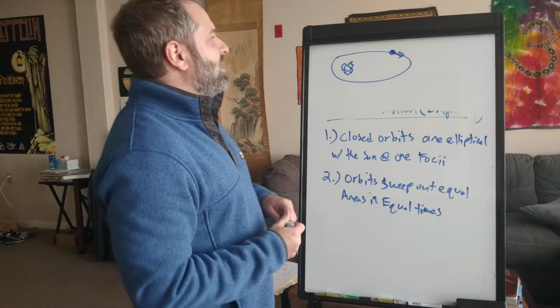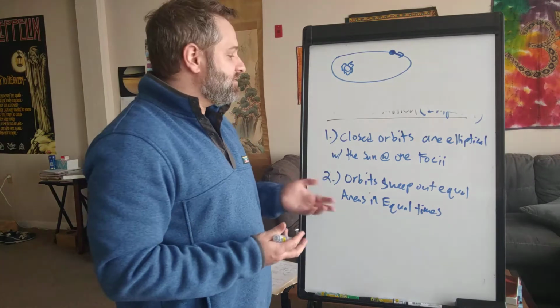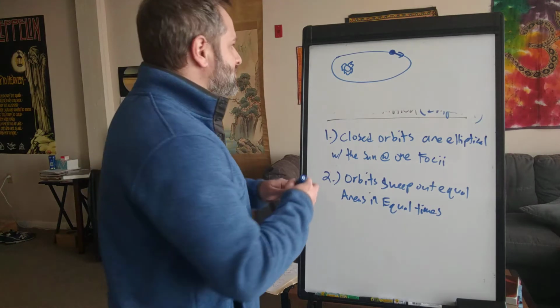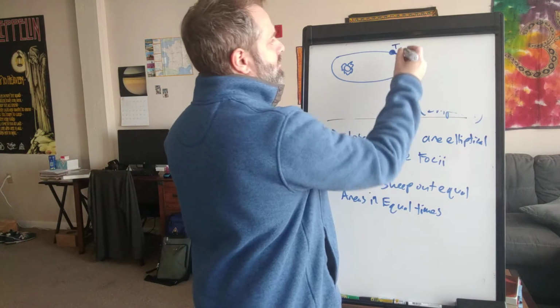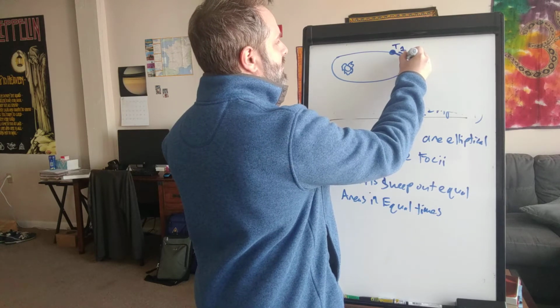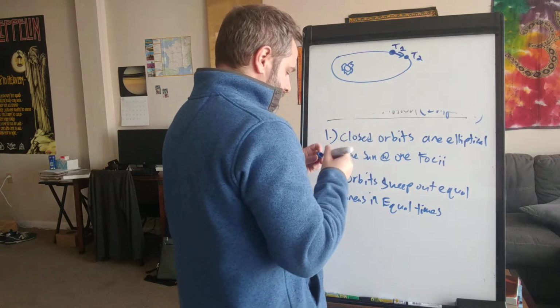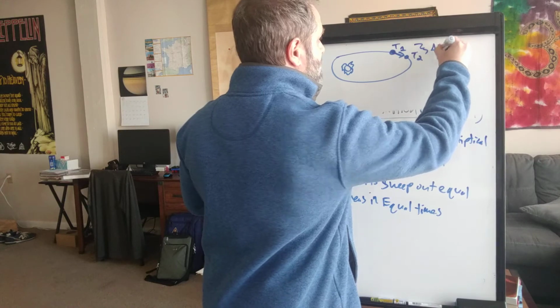And Kepler found that the mathematical relationship for the speed was given by this sweeping out of areas. So imagine we have time 1, the planet's there, time 2, the planet's there. So we have in between some delta t.